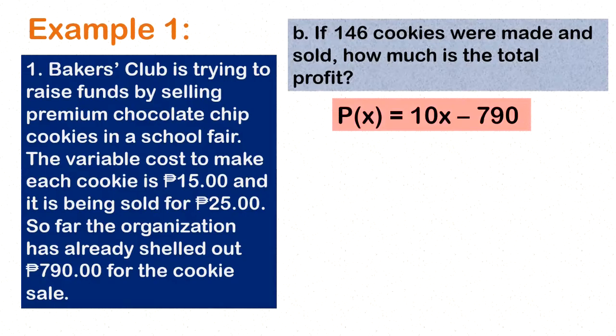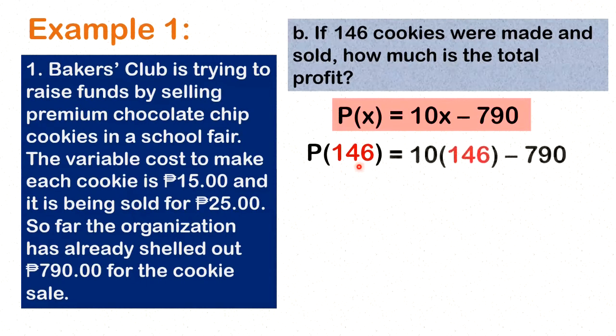If 146 cookies were made and sold, how much is the total profit? So, how do we do that? Okay? Ang gagawin lang natin, itong mga X dito, papalitan lang natin ng 146. Diba? X is the number of cookies made and sold. So, ganito, we find P of 146. Like this.